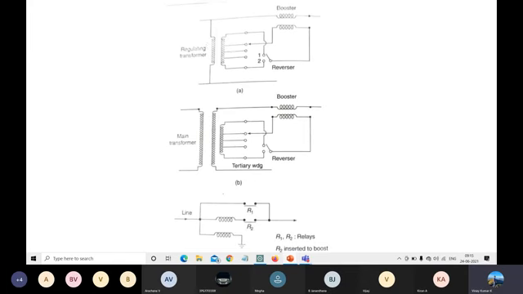And the next thing is the winding. The winding should not be open circuited, whether it is at the booster transformers, the regulating transformers, or the main transformers.